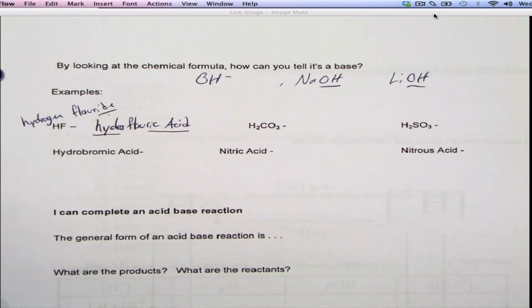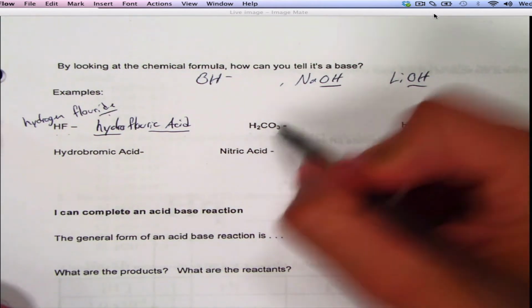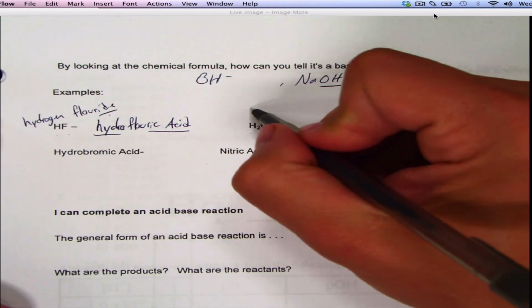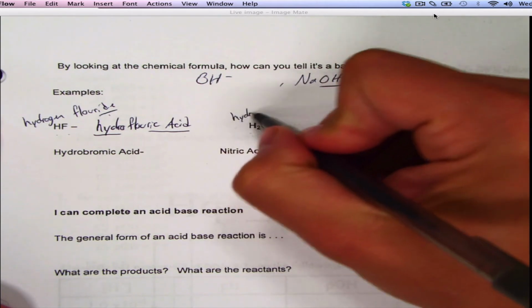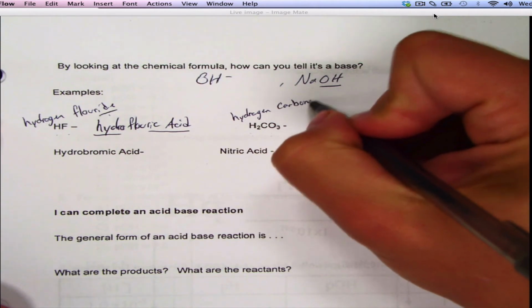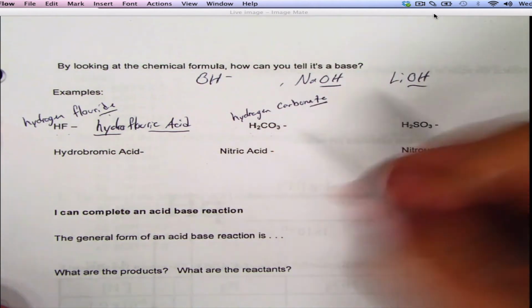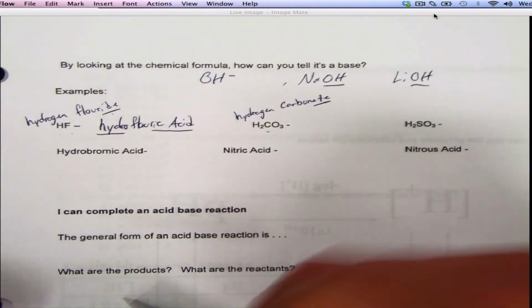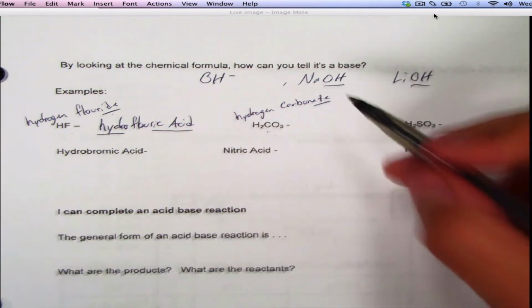When you're doing the opposite, taking the name and changing it to the formula, this one right here, H2CO3, its normal name is going to be hydrogen carbonate. Remember, look up carbonate in the back of your periodic table on your ion list. So carbonate, what's the rule?